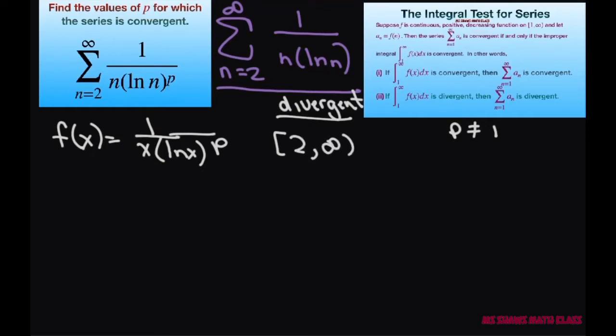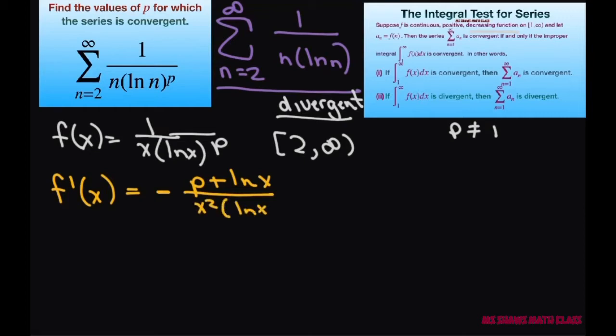Now we have to see if it's decreasing. So we take our derivative of x, and we will get negative p plus ln of x divided by x squared ln of x to the power of p plus 1. I already went into more detail on this in another video, but that's just taking the derivative.